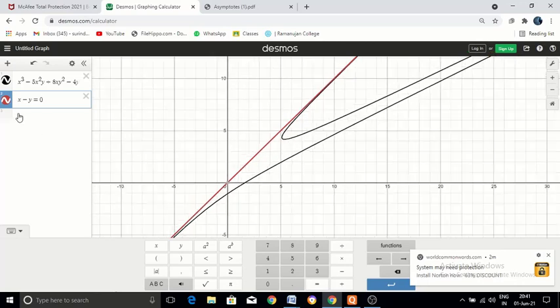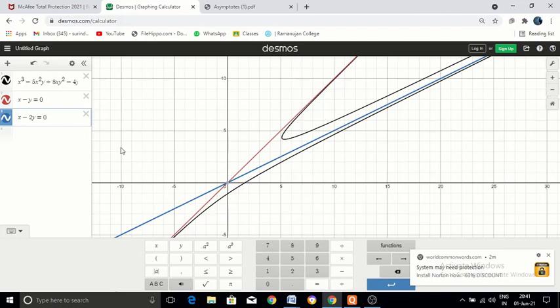Similarly, the next asymptote is x minus 2y equal to 0. Look, this blue line, as we go towards infinity, is getting closer and closer to this branch of the curve.